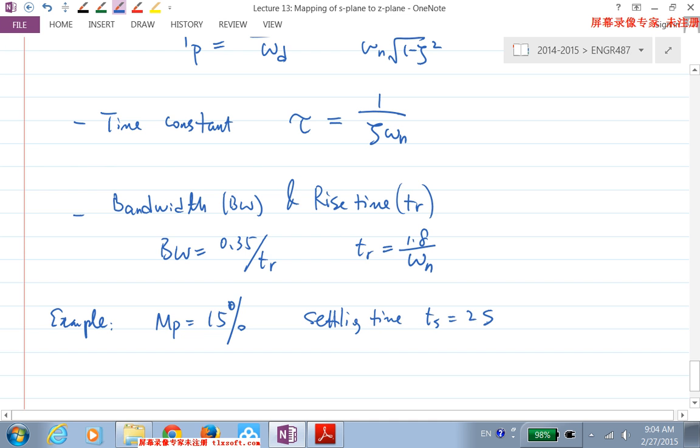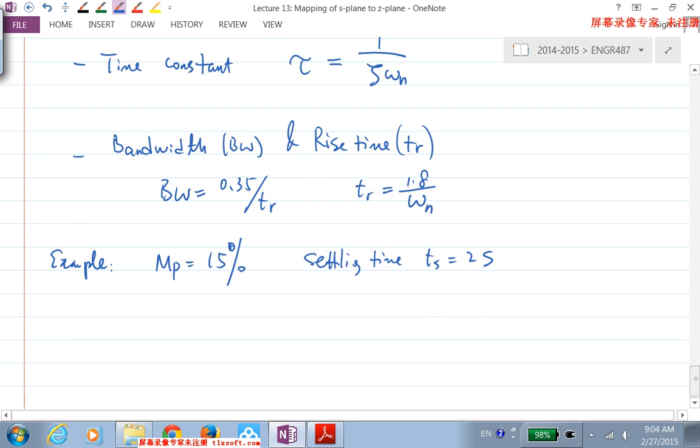When people see this, you should understand that percentage overshoot 15 actually means maximum. You can't design it for 16%. You're designing for less than 15%. When people say settling time is 2 seconds, you're designing for a settling time less than 2 seconds.